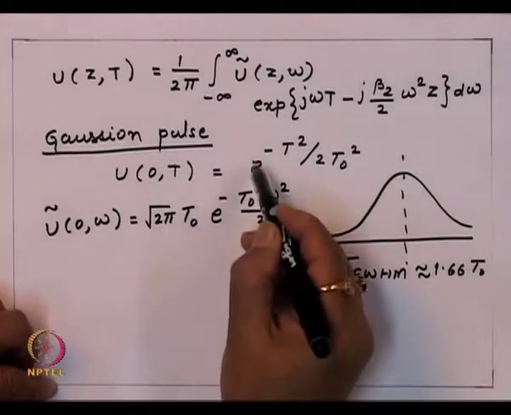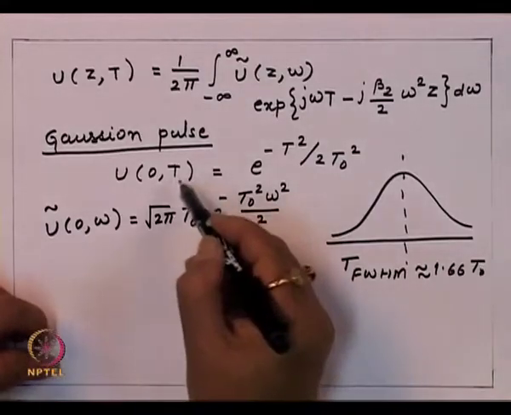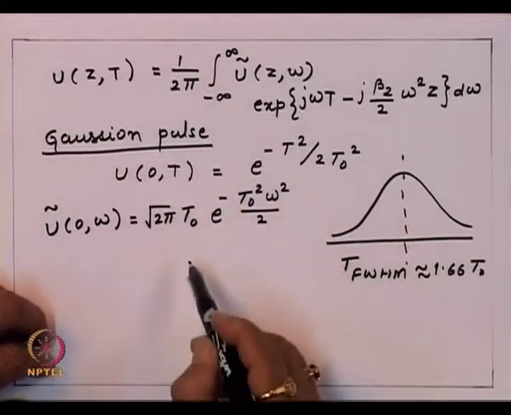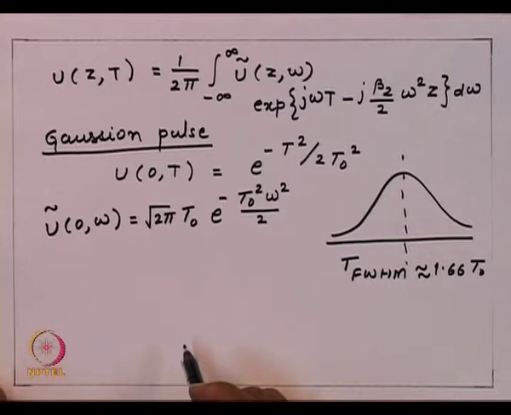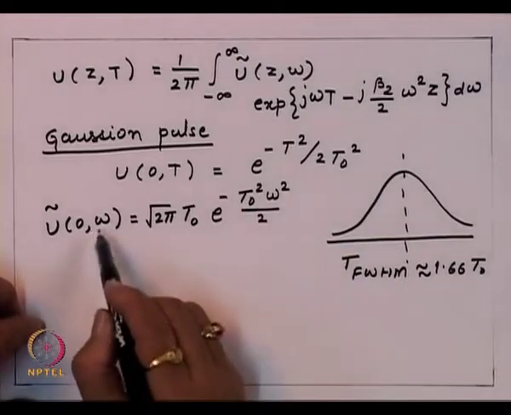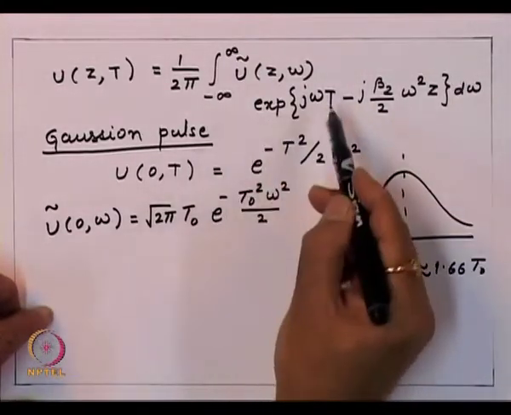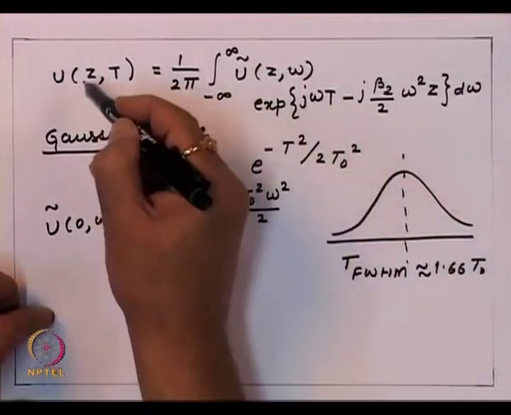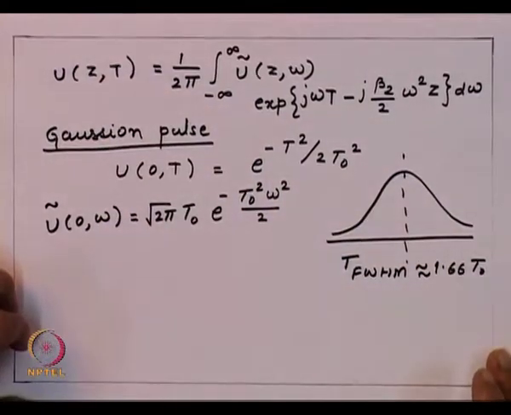It is just the Fourier transform of this function. And as we know, the Fourier transform of a Gaussian function is another Gaussian function. Now, we have to substitute this into this equation and then take the inverse Fourier transform to see what the pulse shape would be as a function of distance.